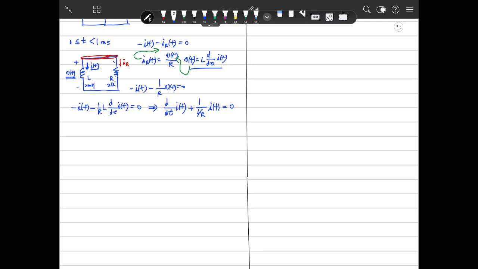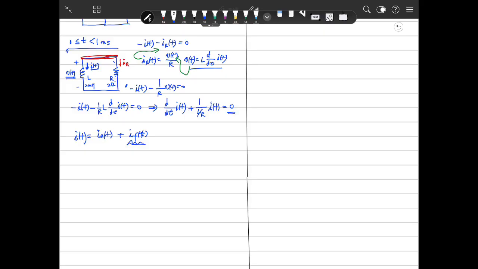So it's quite simple, because iL(t) is iL natural plus iL forced. We will check only this circuit. To get the forced response here, we assume that even though this circuit is defined from 0 to 1 millisecond, we use infinite time.